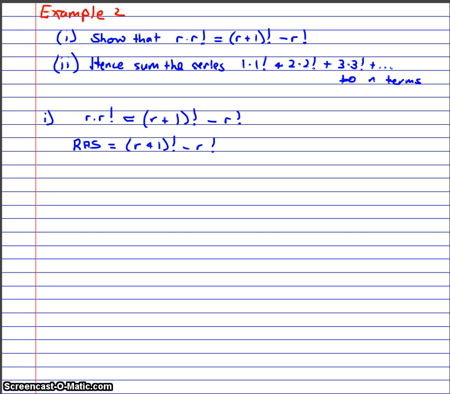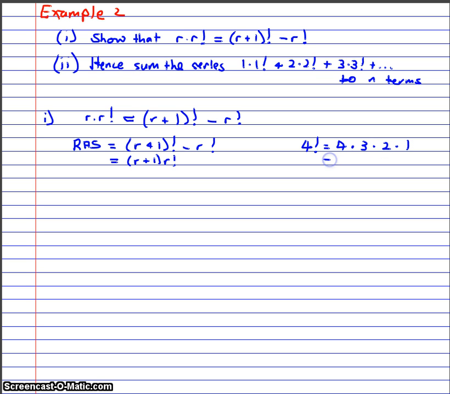Now to work from there, that's the same as if we were to go (r plus 1) times r factorial. Now we know that because, say, 4 factorial is equal to 4 times 3 times 2 times 1.